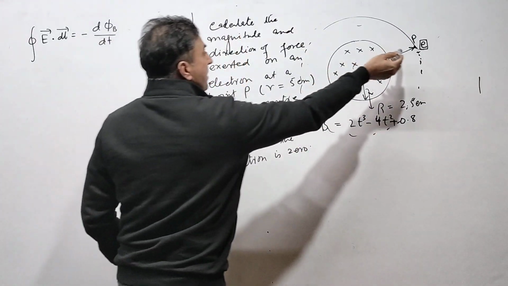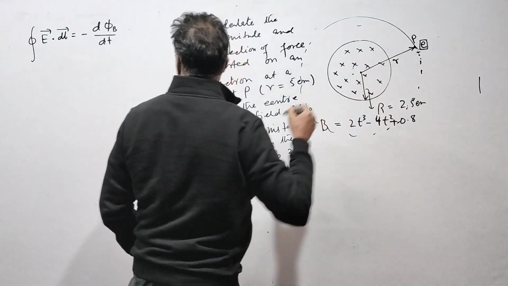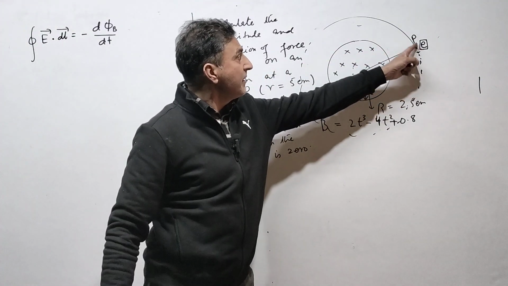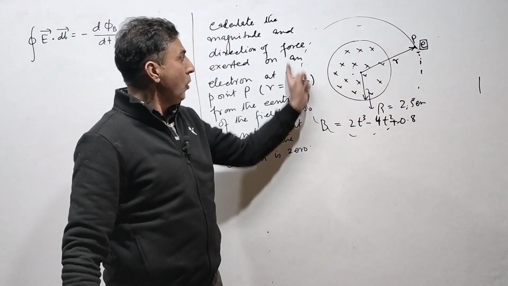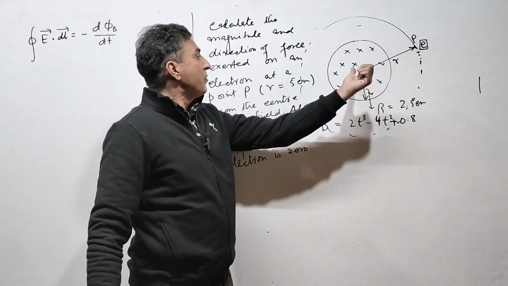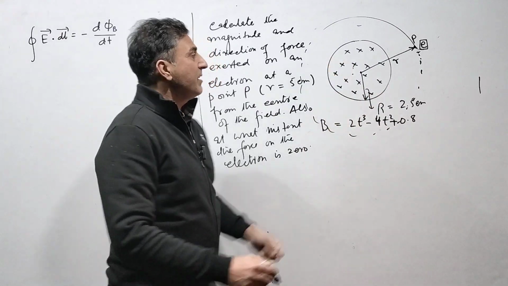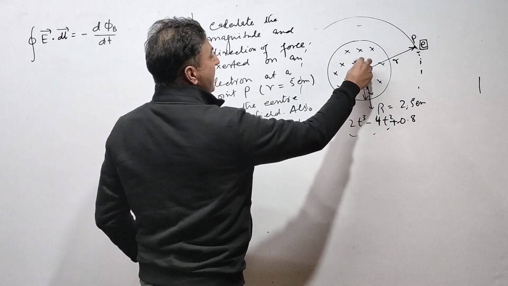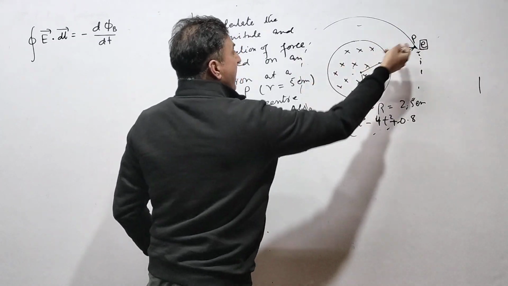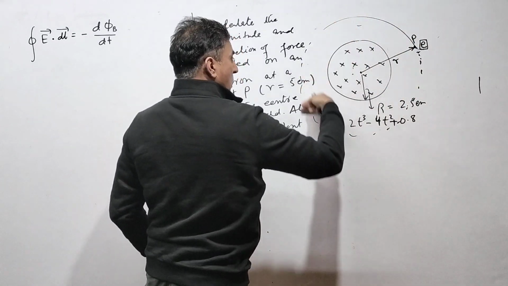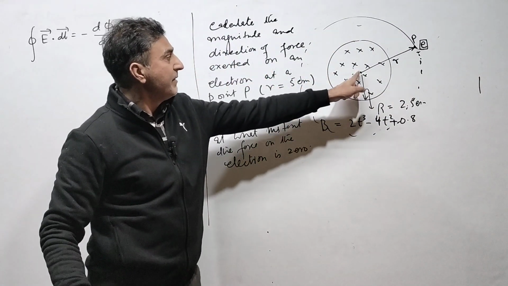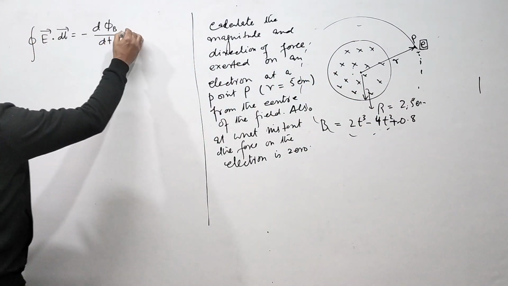If you integrate the electric field over this whole closed path, it is equal to the rate of change of magnetic flux in this region, minus d by dt of phi_B. So this is the base equation.